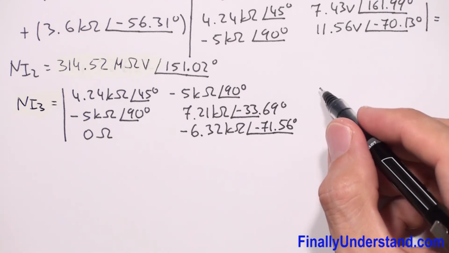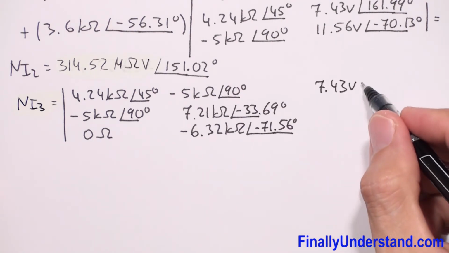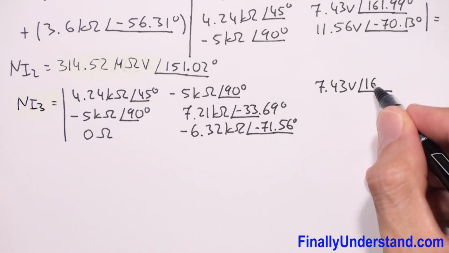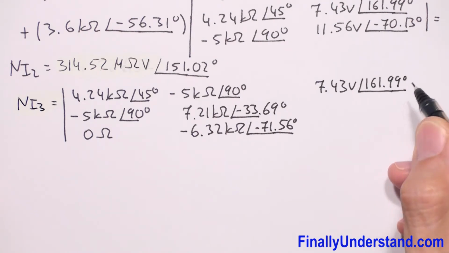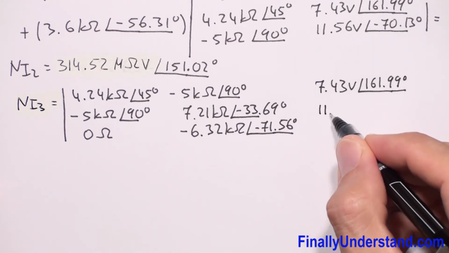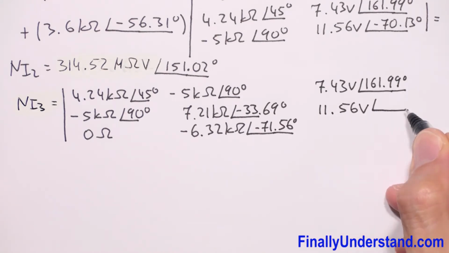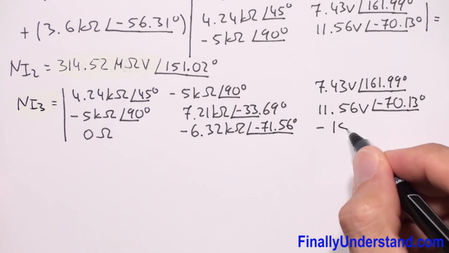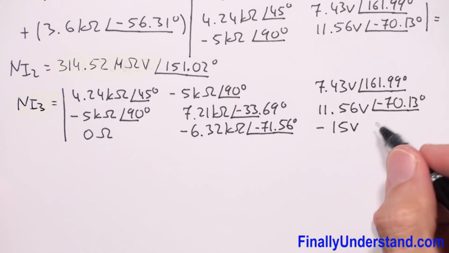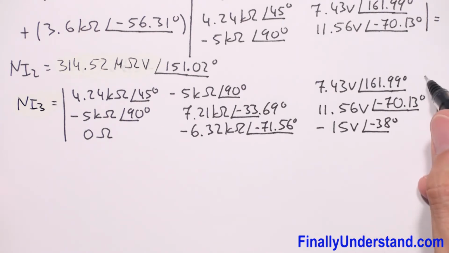So I have 7.43 volts and angle of 161.99 degrees, and I have 11.56 volts and angle of negative 70.13 degrees, and I have negative 15 volts and angle of negative 38 degrees.